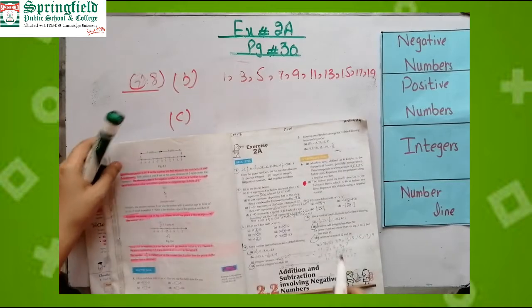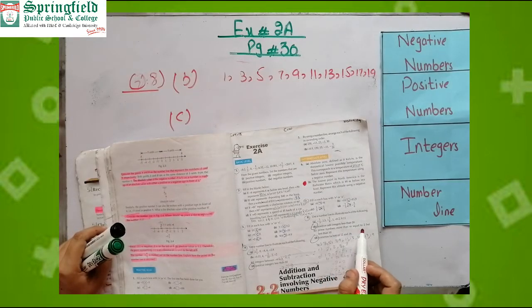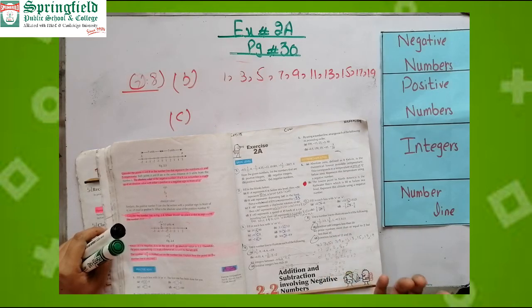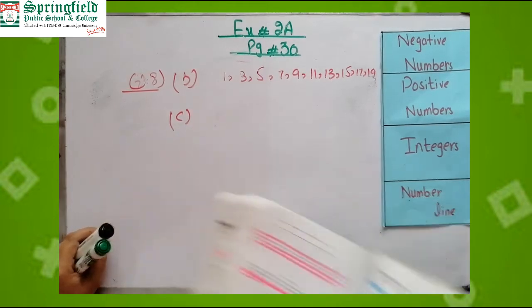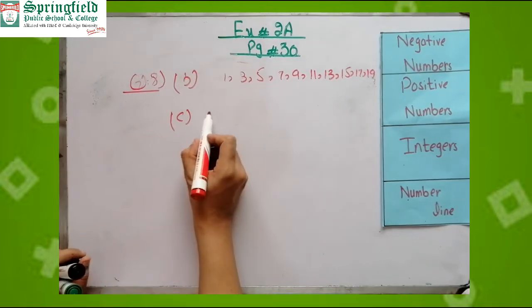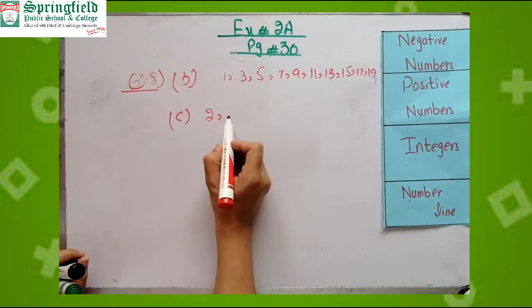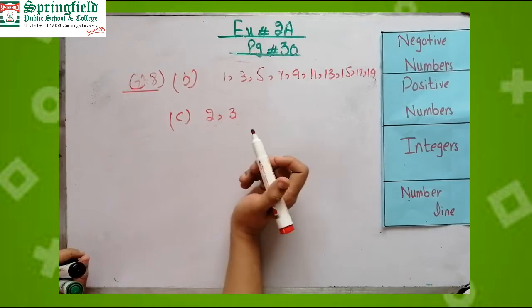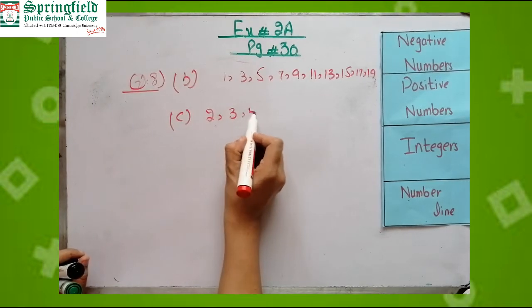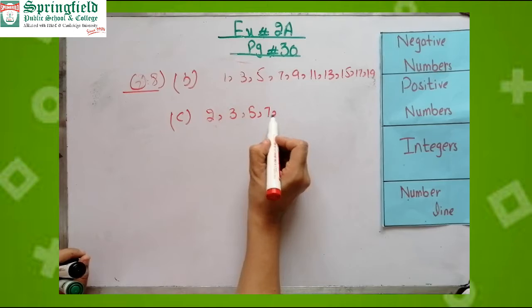Okay, now come to the C part. They are saying the prime numbers more than or equal to 2 but less than 10. Prime numbers are numbers that have just 2 factors. The word equal means 2 is included. 2 is a prime number, 3 is a prime number because 3 comes in just 2 tables, 3 and itself. 5 is also a prime number. 7.